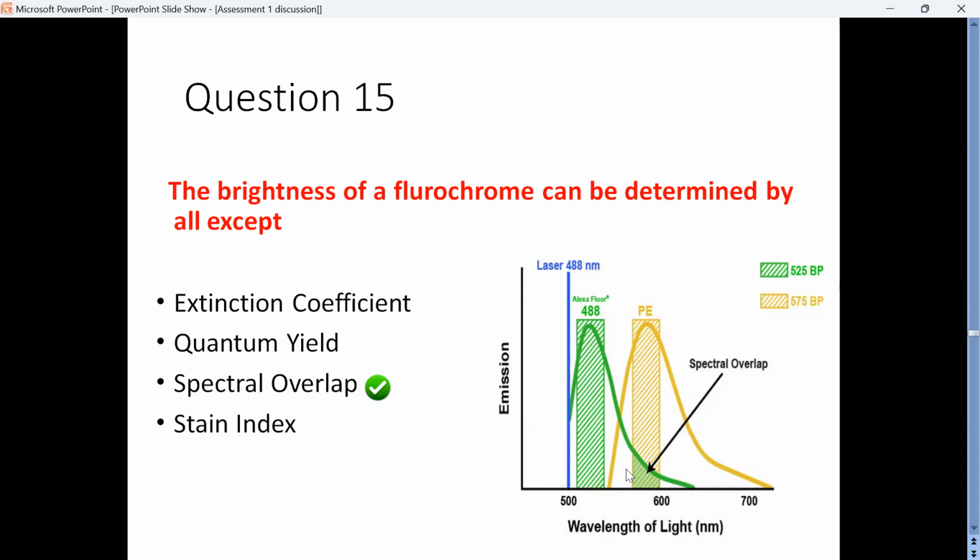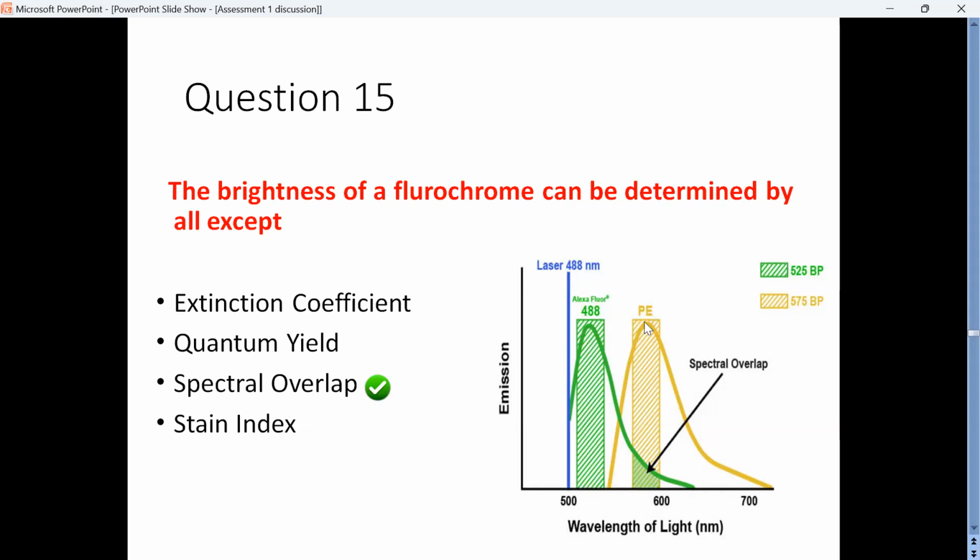So this can overlap. So because of this overlap, what happens? This is called spectral overlap. Okay, this overlapping between the emission spectrum of 2 fluorochromes is called spectral overlap. So the problem with the spectral overlap is some amount of this Alexa Fluor 488 signal will be taken up by the PE detector as PE signal, mistakenly taken in the PE detector.